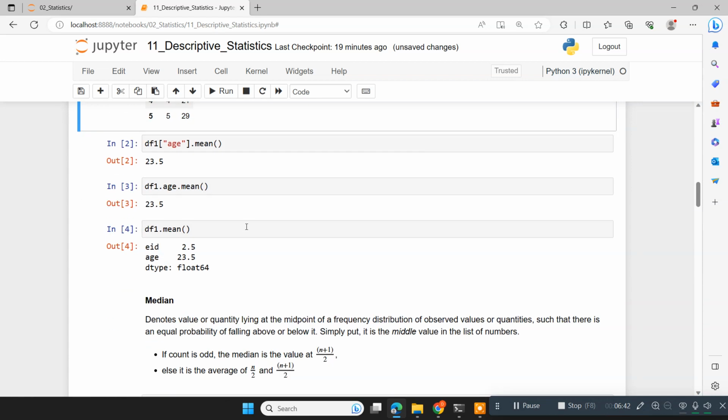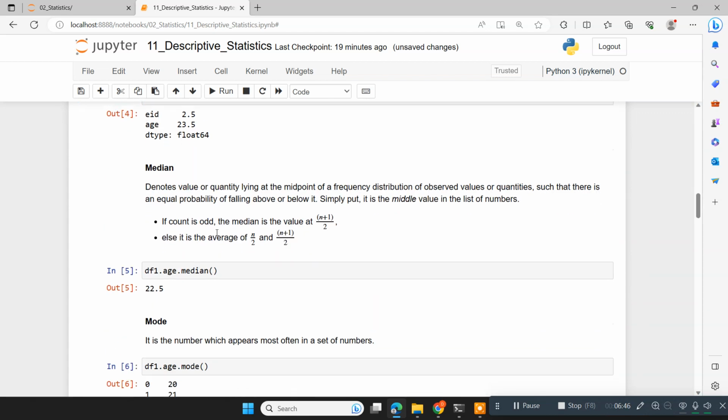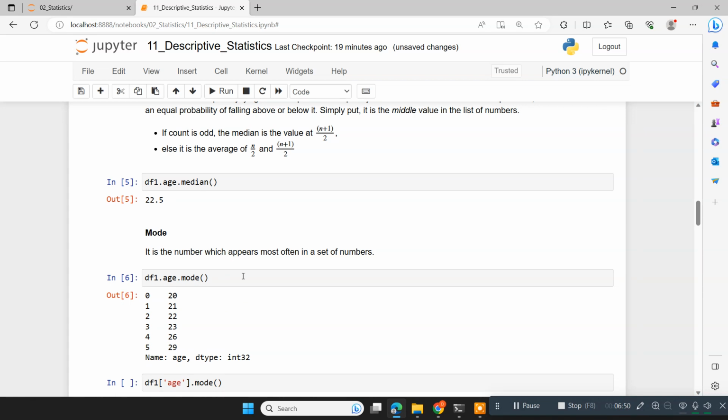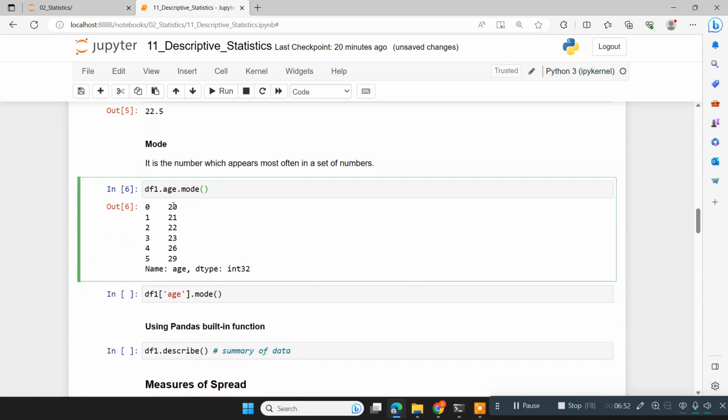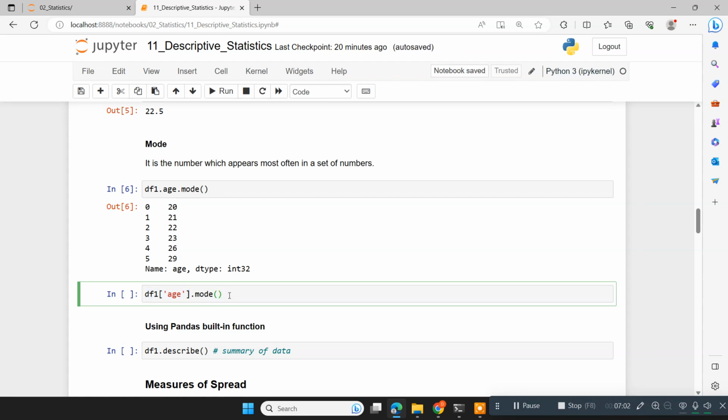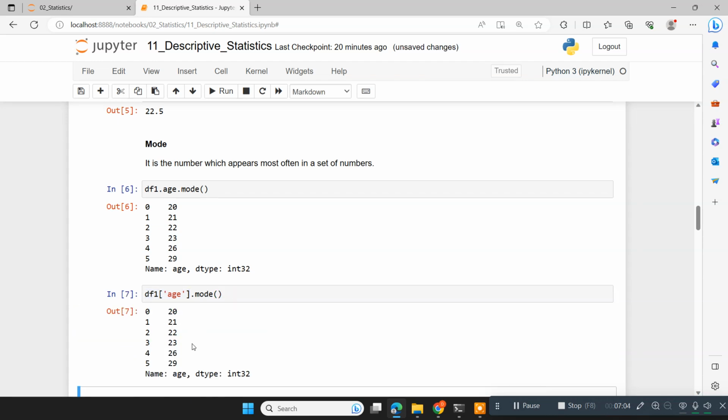The highest occurring value is returned by the mode. So as we have a single occurrence of all the values, all these values are considered as the mode. The same can be done by accessing the age column in this way, df1 dot age dot mode. So this also gives the same result.